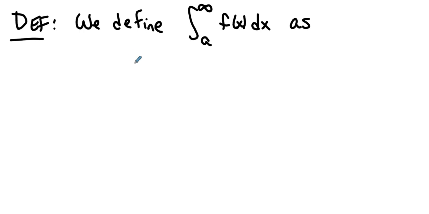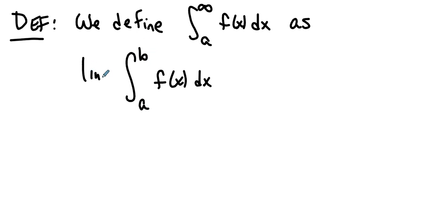Well, what we do is we find the integral from a to b, because we know how to do that. We take an antiderivative, you plug in, you subtract, except that we let this b be a generic b. This is a specific number a, this is a generic number b, and we take that generic b and we take the limit as b goes to infinity.